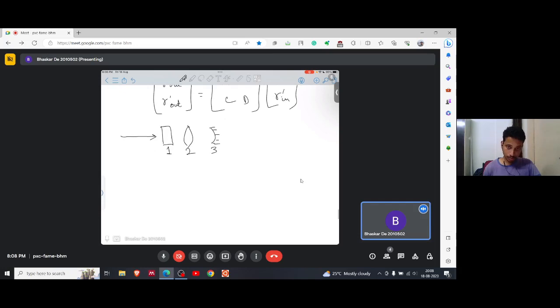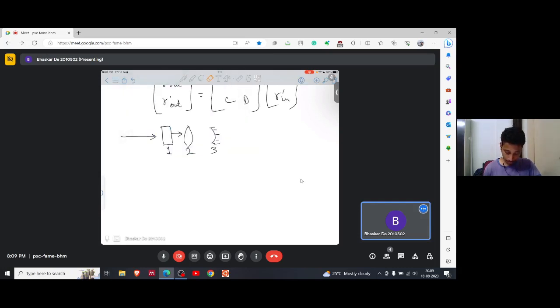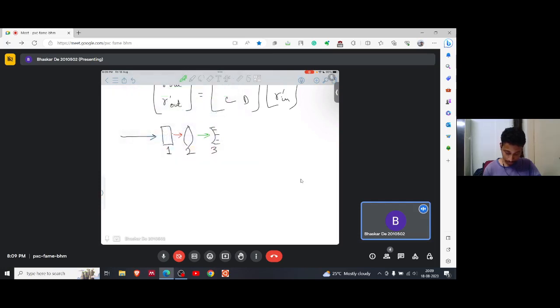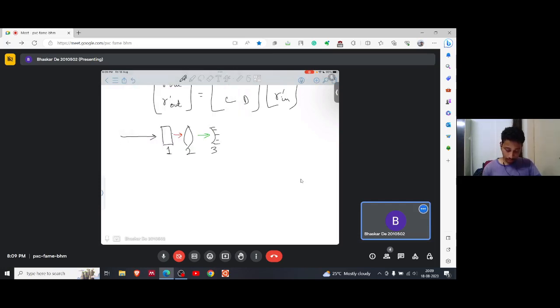So the first medium, this beam is the input beam, and then there is another beam, I'll use a different color. Then it is like this, and then this. Okay, so now for the first medium, this black beam is the input beam.